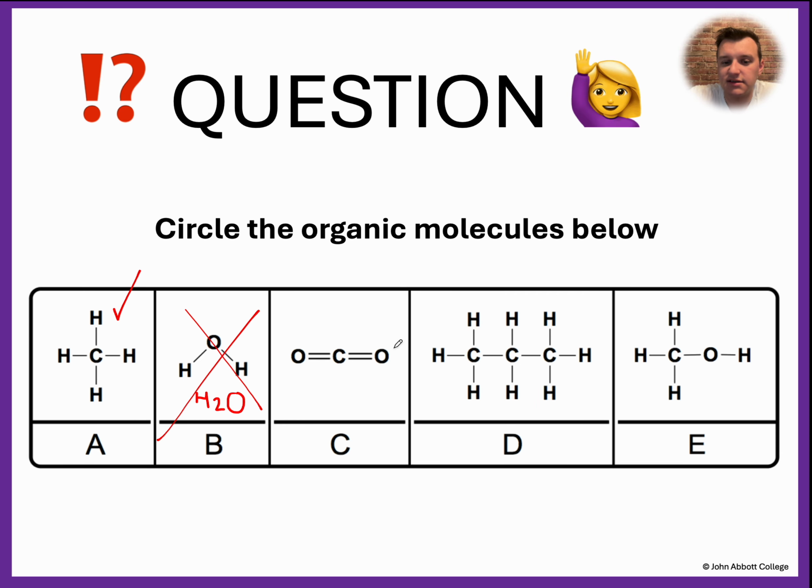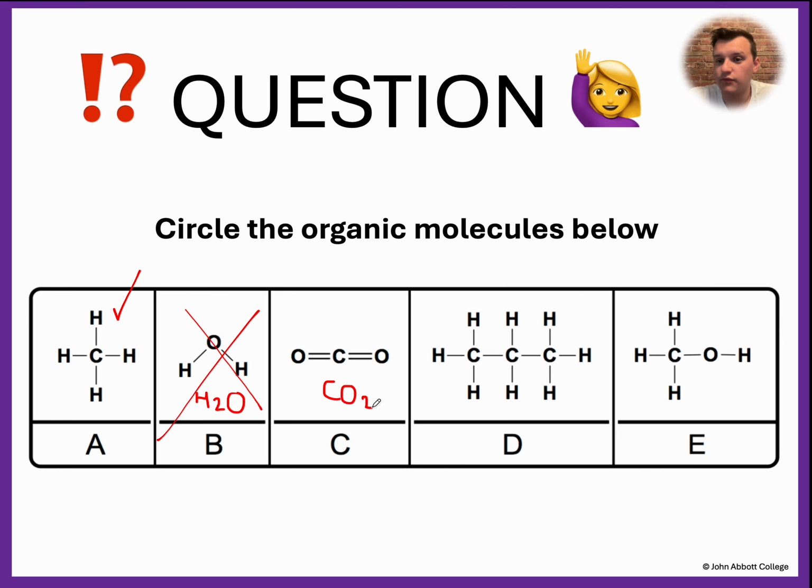Do you see this CO double bond, CO double bond? This is CO2, carbon dioxide, 2 oxygens. CO2 is a gas that we exhale from the wastes we put in our body.